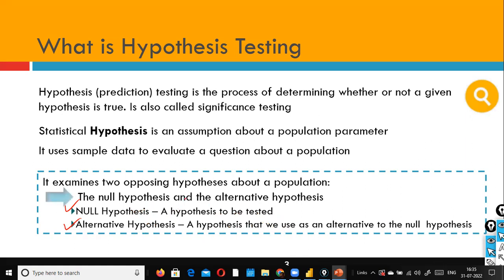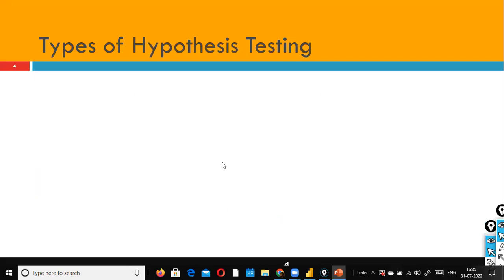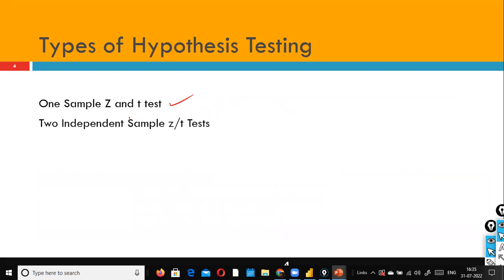There are different types of hypothesis tests. One is the one sample Z test and T test, in which we use a single sample. Then we have the two independent sample T test, where we use two samples that are independent from one another.